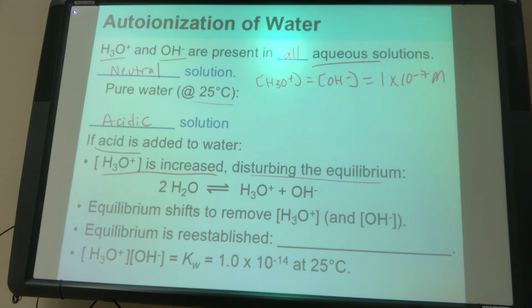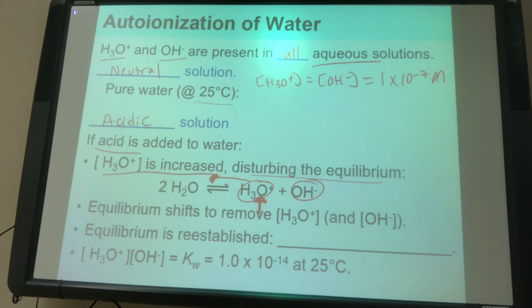Think about it as shifting so that it uses up some of my H3O+, which by default is going to use up some of my OH- to go back to some of the water. This is like Le Chatelier's principle from last time. If I increase this, I shift away, which means this goes and this goes to make some water.